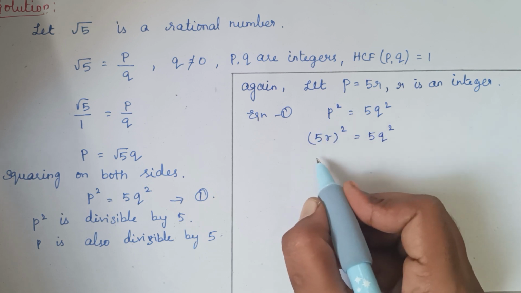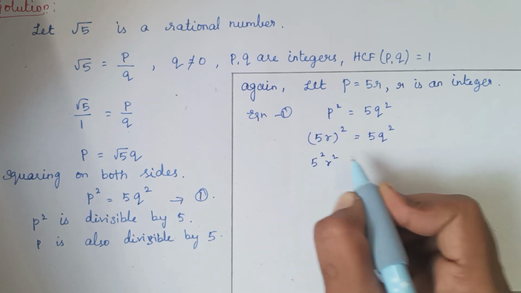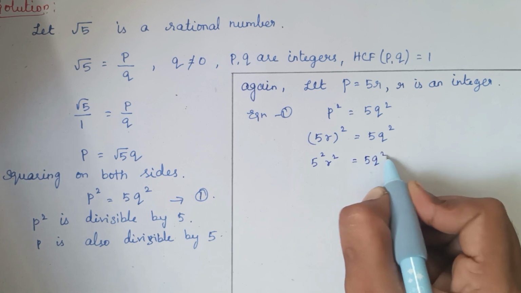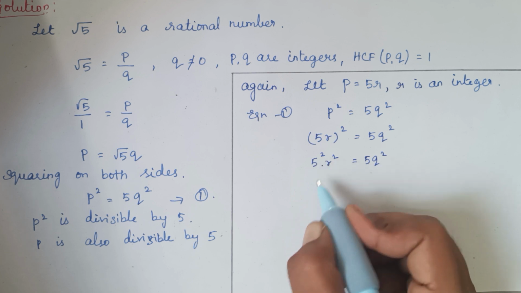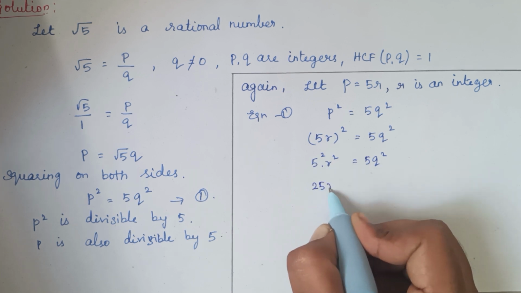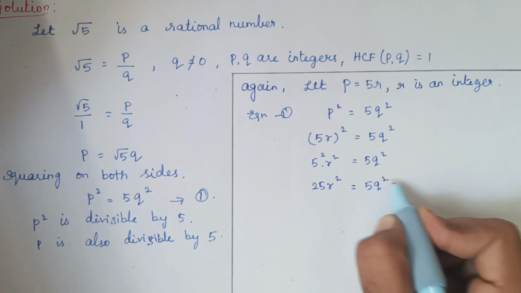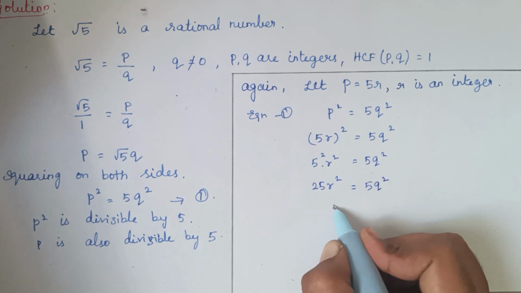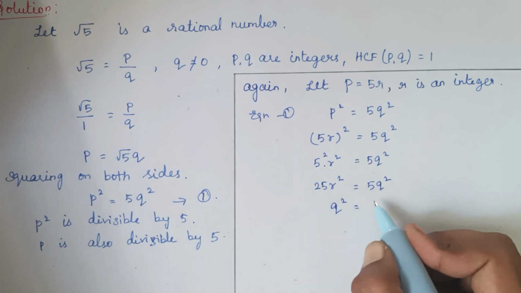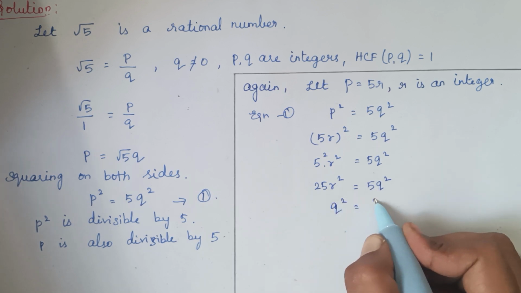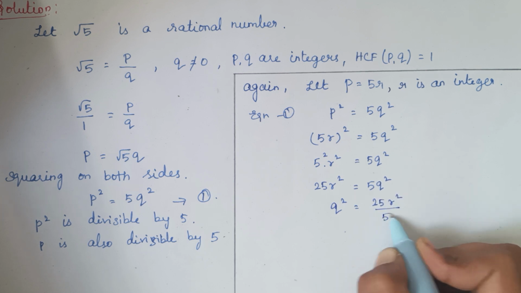Take the square for the individual numbers: 5 square r square is equal to 5q square. If we square this number, 5 fives are 25, r square is equal to 5q square. Then 5 will come here as a division: 25 r square divided by 5.